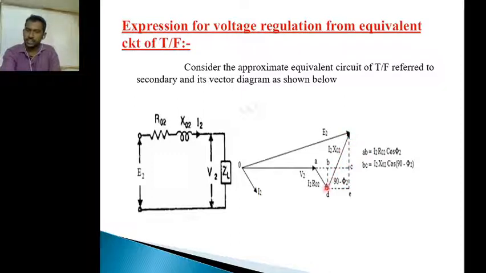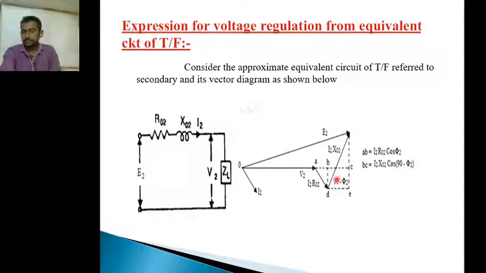So this is the one triangle. This is the right angle triangle, and the angle is 90 minus phi 2. So this one is the opposite side, and this one is the adjacent side. So cos 90 minus phi 2 is equal to DE divided by this hypotenuse.